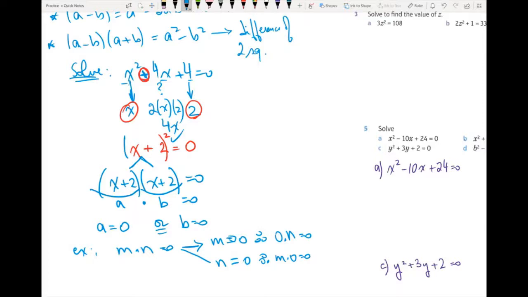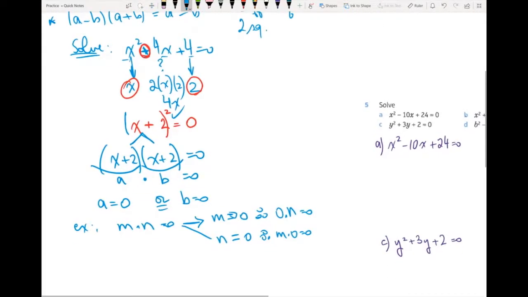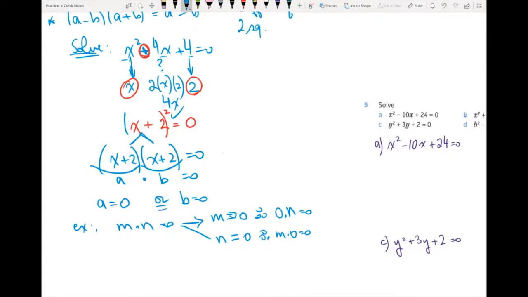So when we apply this rule, we're going to have x plus 2 equals 0 or x plus 2 equals 0.